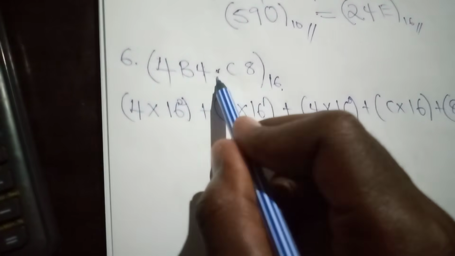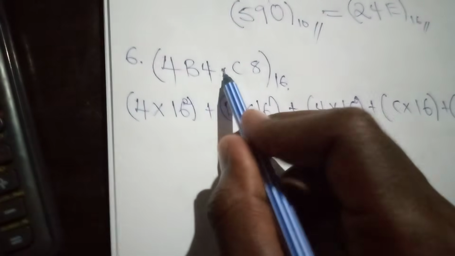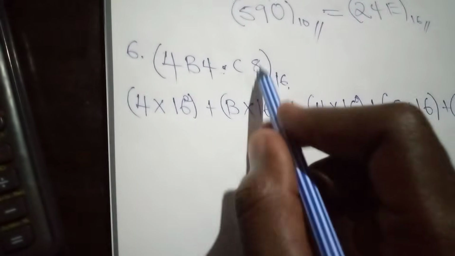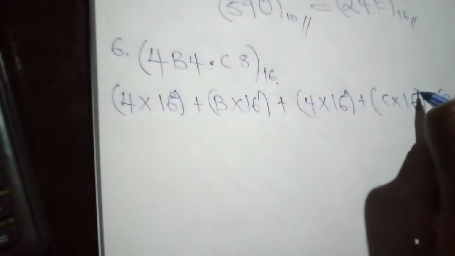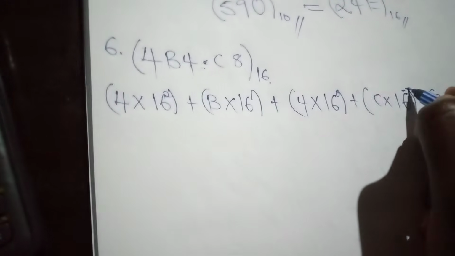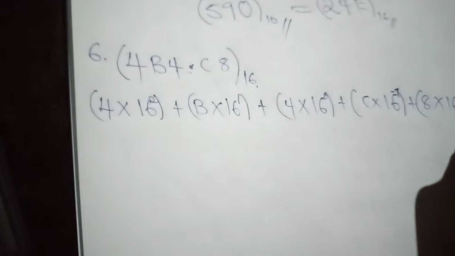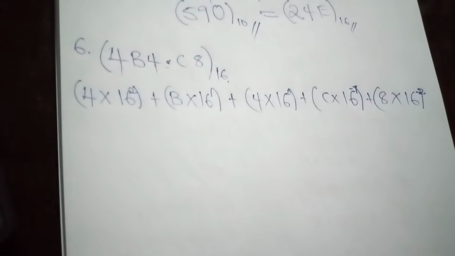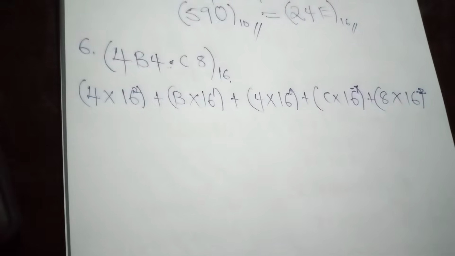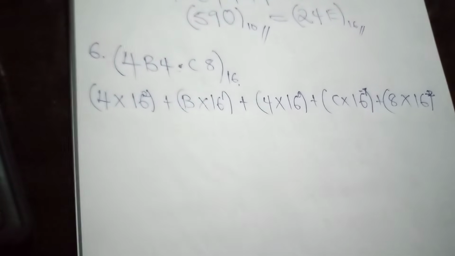Now after the point, these numbers are represented by negative powers. So that is negative 1, negative 2. Does that make sense?